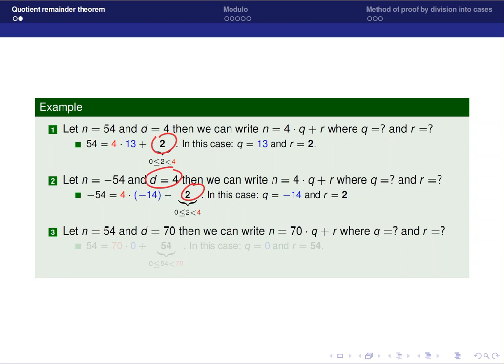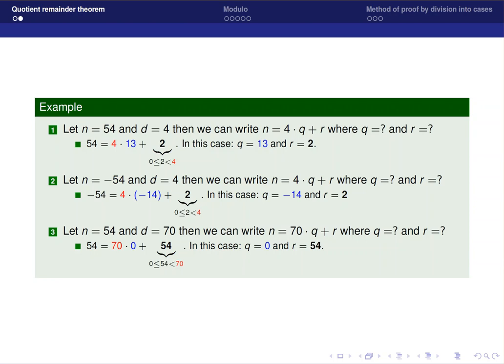Now, there are instances when the divisor is larger than your n. That's what's going on in example number 3. n is 54, and the divisor is 70. So what would happen if you divided 54 by 70? Well, 54 does not contain inside of it 70. It's smaller than 70.